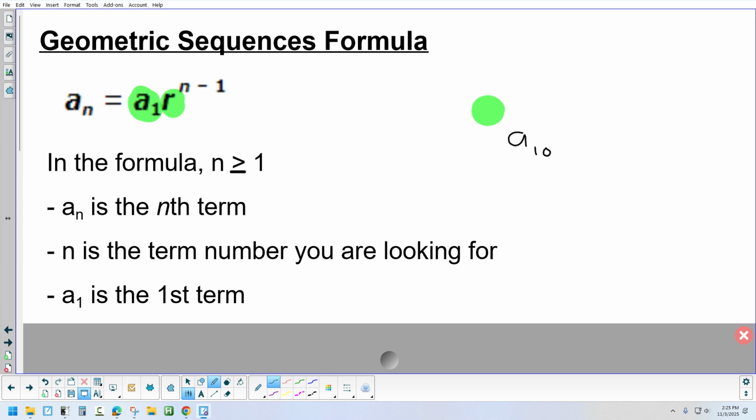If you wanted to know the 20th term, you'd write it like that. So that's just a symbol that means 10th term, 20th term. What would be your notation if you wanted to know the 9th term? How would you write it? Yeah, you just put a 9 next to it. So this would mean 9th term.